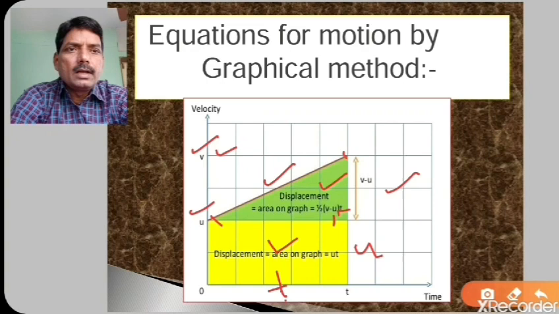So in this rectangle, length is t, breadth is u. In this right angle triangle, the length is t because this one is parallel to this one. So if this is t, then this will be again t. So this will be your t, and the height is v minus u. I will take the help of this and proceed to the graphical equations, or the equations of motion from the graphical method.